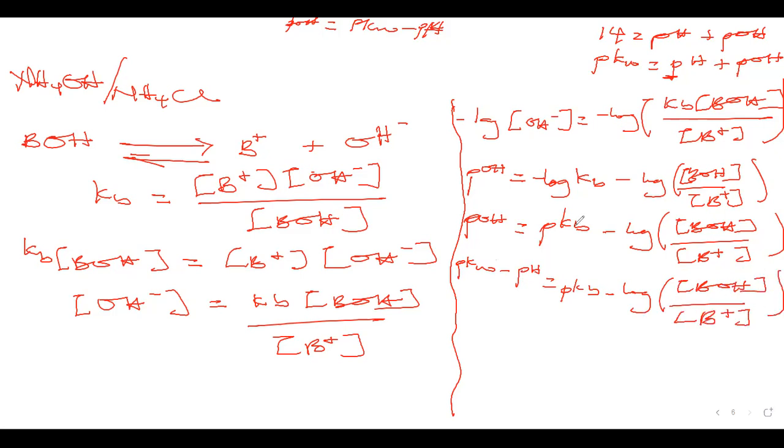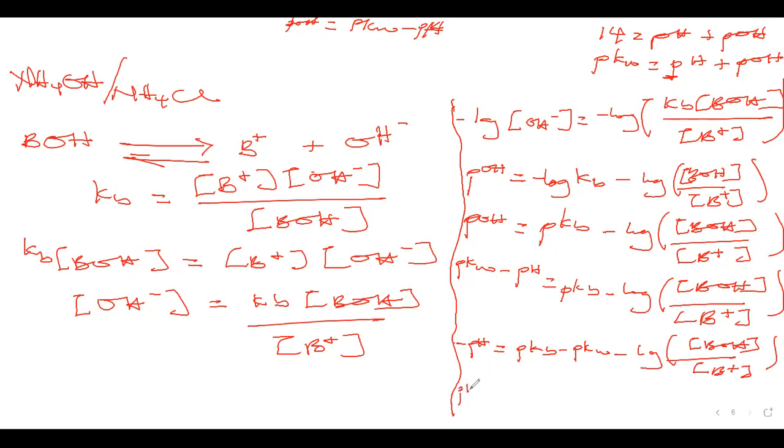Once I have this, my attention once again is to make pH the subject. So I'm going to have negative pH giving me pKb minus pKw minus log of BOH out of B plus concentration. But I want to get rid of my negatives, so I'll multiply each and every part by minus 1.